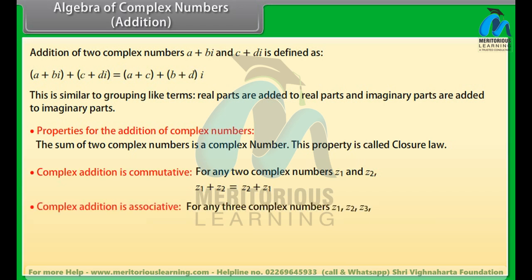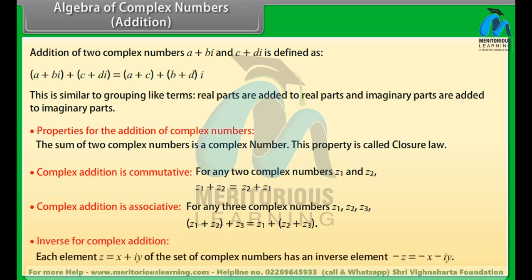For any three complex numbers Z1, Z2, Z3, Z1 plus Z2 plus Z3 is equal to Z1 plus Z2 plus Z3, grouped differently. Inverse for complex addition. Each element Z is equal to x plus iota y of the set of complex numbers has an inverse element. Minus z is equal to minus x minus iota y.